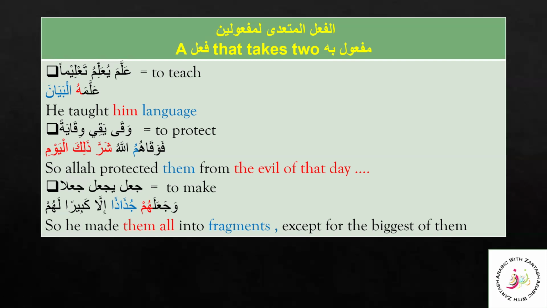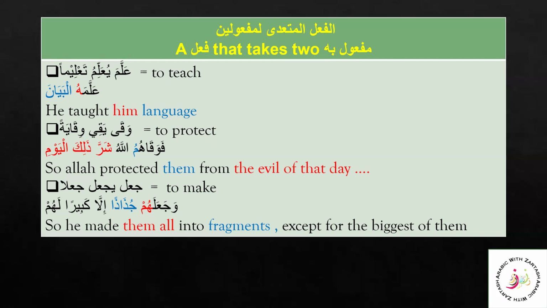And the other maf'ul bihi is al bayana, and you can see this fatha is telling us that it is again in the nasab state, and this will always be a maf'ul. Allamahul bayan. So this is one of the verbs that takes two maf'ul bihi. Allamahul bayana. He taught him the language.